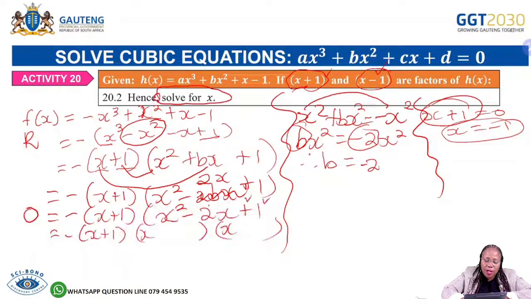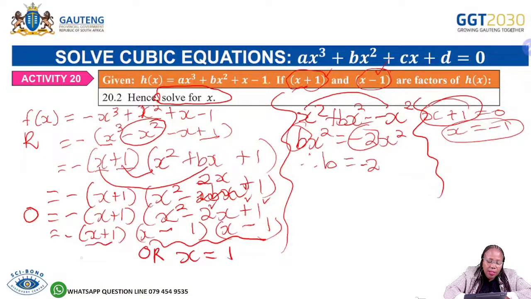Factors of 1, when you add, you get a 2, it's 1 and 1. And then they must both be negatives. Can you see these 2 are giving us the same bracket? Therefore, it will give us x equal to 1. Or the first bracket will give us x equal to negative 1. Remember, this negative will be multiplying throughout by a negative in order to get rid of that, or divide by a negative.